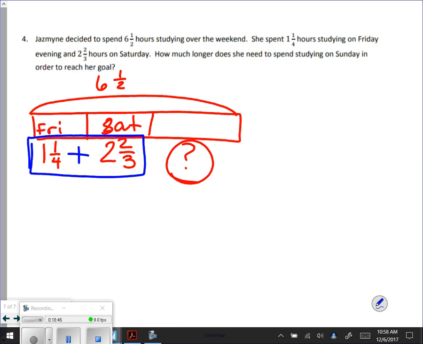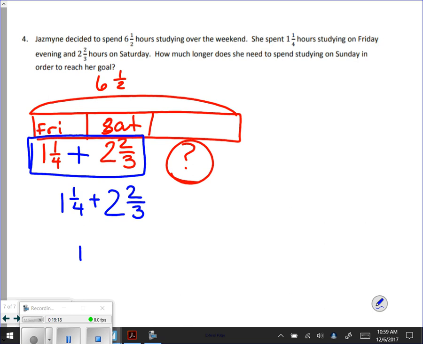So Friday and Saturday, 1 1/4 plus 2 2/3. Common denominator, 12. If I'm writing this down and you had no idea what to do, what should you be doing? Writing it down, because when you get your homework tonight, it's highly likely there will be a problem similar to this. Don't scowl at me. We've been doing this enough times.